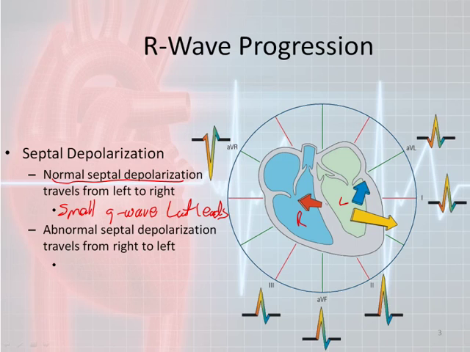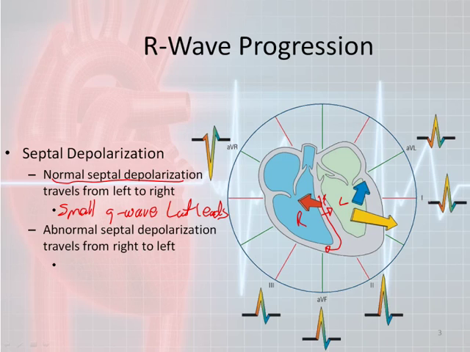On the other hand, if you have an abnormal septal depolarization on the 12 lead, your septum is going to depolarize starting from the right side and traveling towards the left. This usually occurs with a left bundle branch block. You block the left bundle branch up here, and you block the septal fascicle. The signal is going to travel normally down the right bundle branch and start heading up towards the Purkinje network, which means your septum is going to depolarize from the right side to the left side.